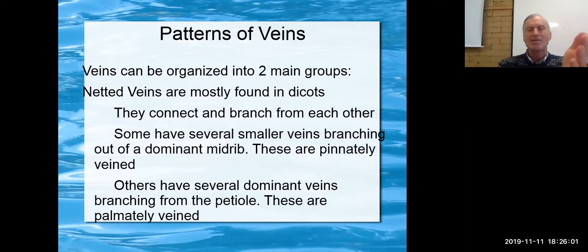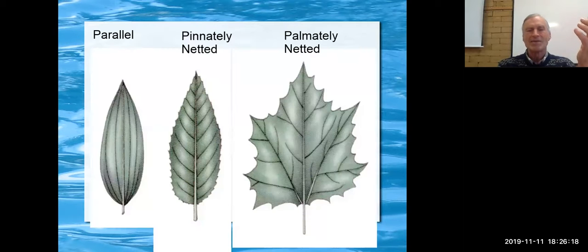There's a main axis down the middle, and then the others branch out to the side. And if there are several dominant veins branching from the petiole, that's palmately veined, again, like the palm of your hand. So there we see parallel veins on the left, pinnately netted and palmately netted.